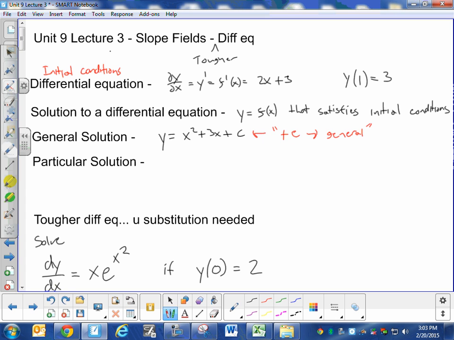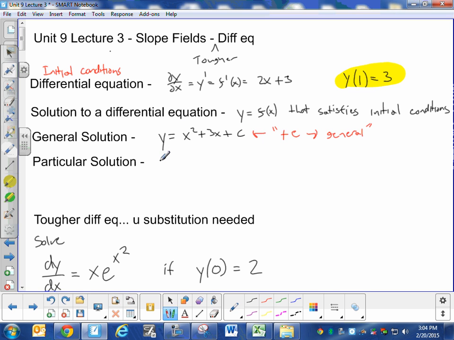It shows you that there's an infinite amount of functions or equations that have a derivative that is 2x plus 3. 2x plus 3 can give the slopes of the tangents of any function that looks like x squared plus 3x plus any number. Okay? However, if you are given an initial condition, there's only going to be one possible function whose slopes of the tangents would be defined by this and passes through the point 1, 3.